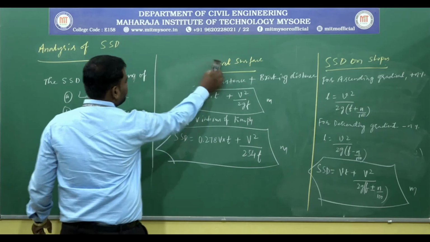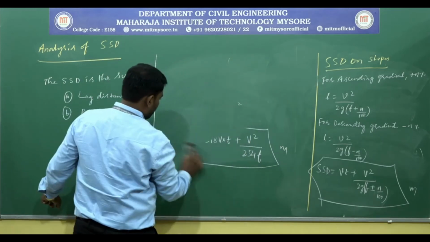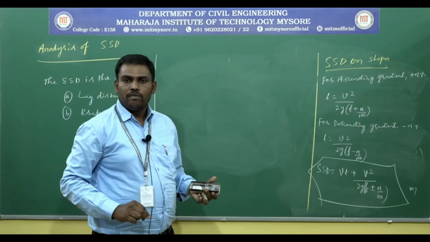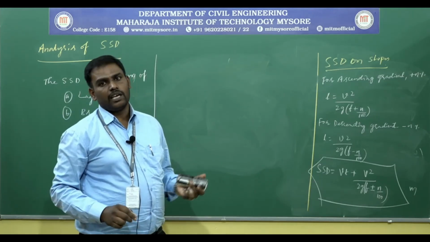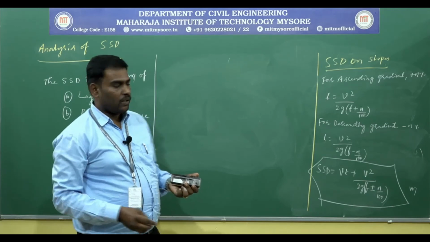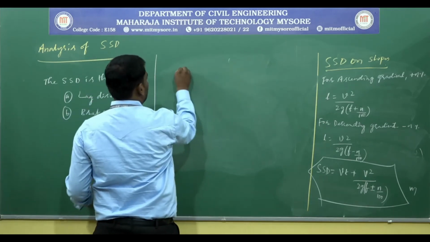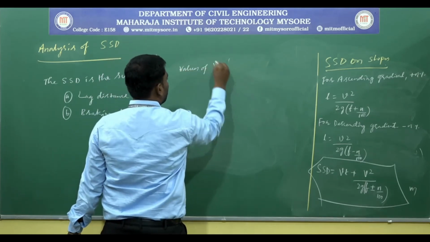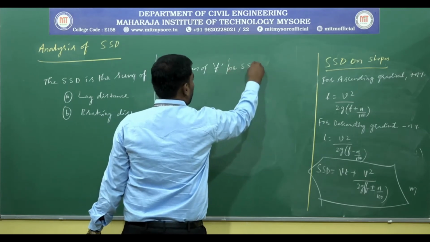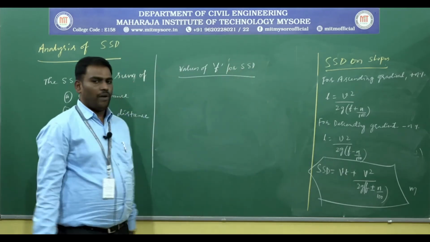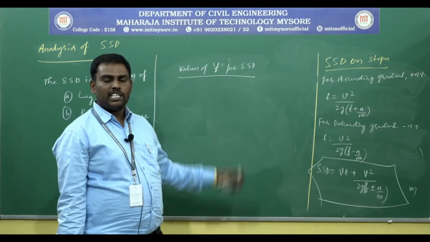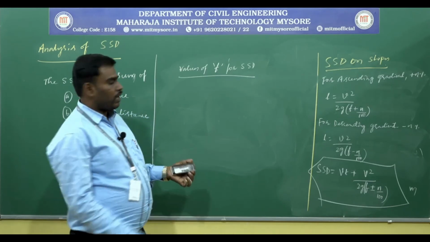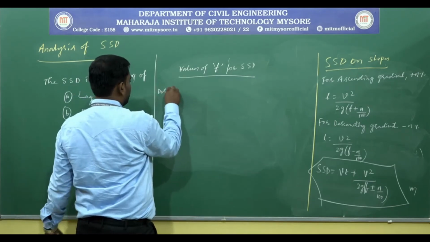The IRC has recommended the values of coefficient of friction F for calculating the stopping sight distance. These values were recommended by the Indian Roads Congress, IRC, and they depend on design speed in kilometer per hour.